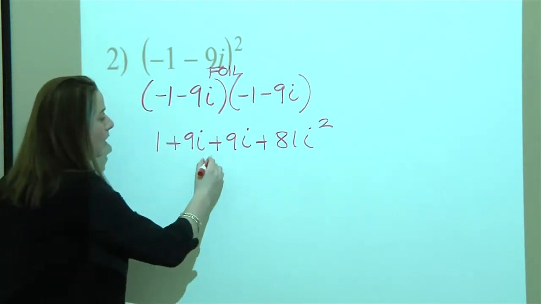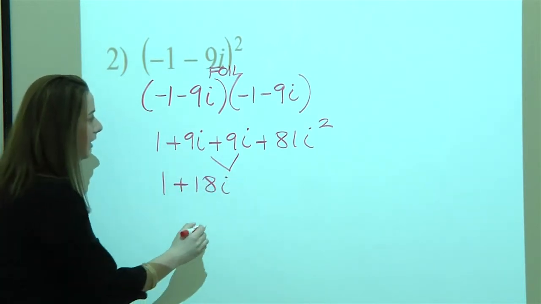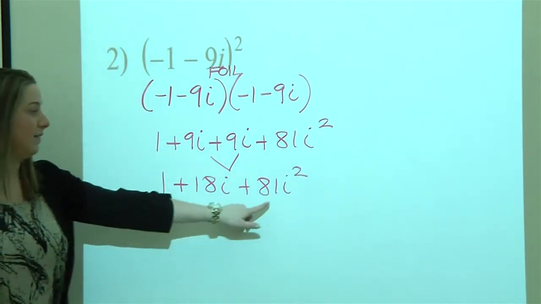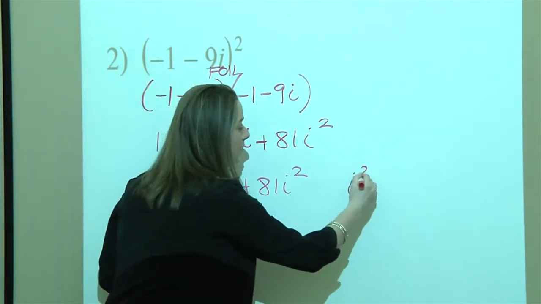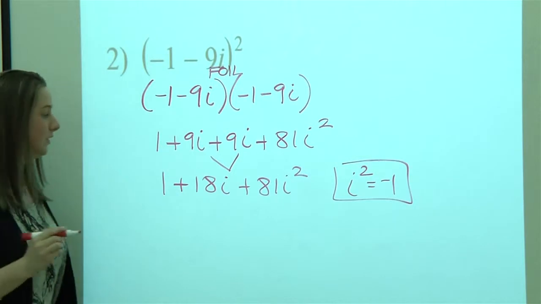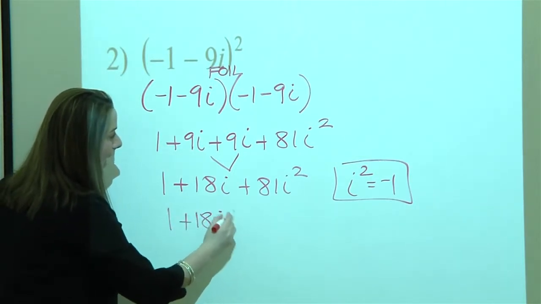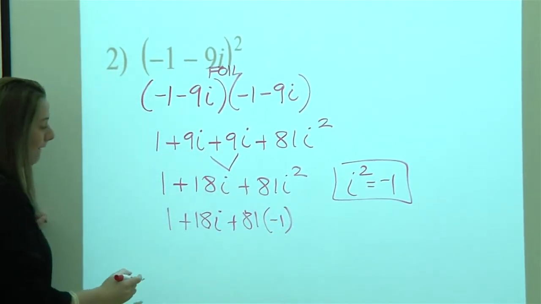So we can combine our O and our I of FOIL. 1 plus 18i plus 81i squared. We can evaluate or simplify i squared because i squared equals -1. Don't forget that fact. So 1 plus 18i plus 81 times -1.